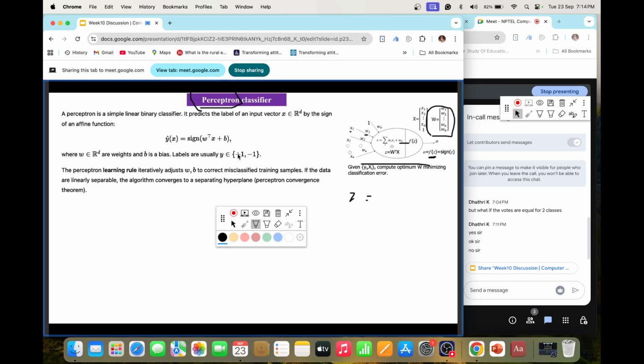Perceptron generally classifies our data point into two groups, which is why it is known as a simple linear binary classifier. Binary classifier means only two classes. So we will have all the inputs, all the weights, then we will calculate Z based on this formula, and then we will check the sign of Z. If it is coming minus, then we will say the point will be belonging to the -1 class.